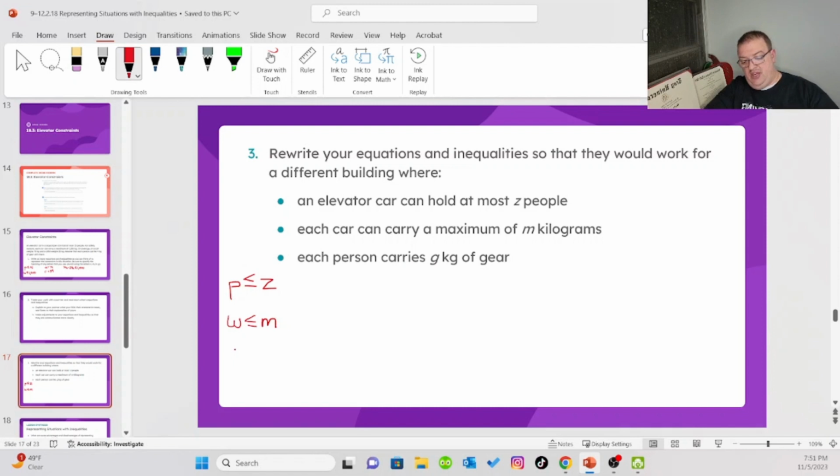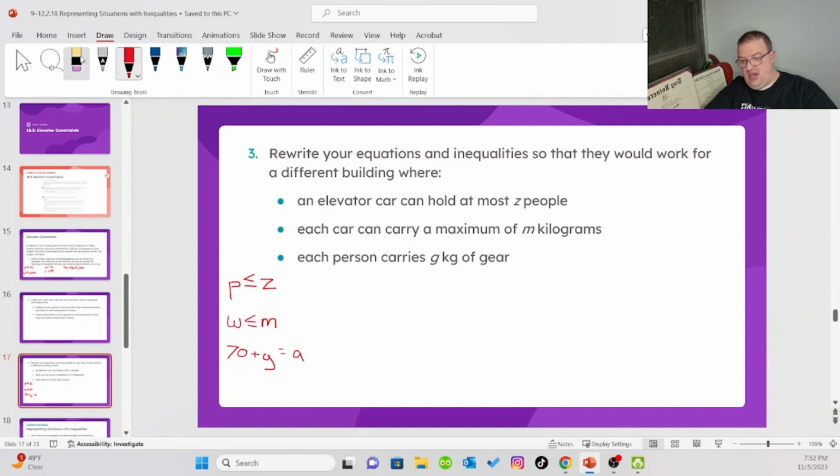So that could be adults were 70 plus G equals the weight of adults.